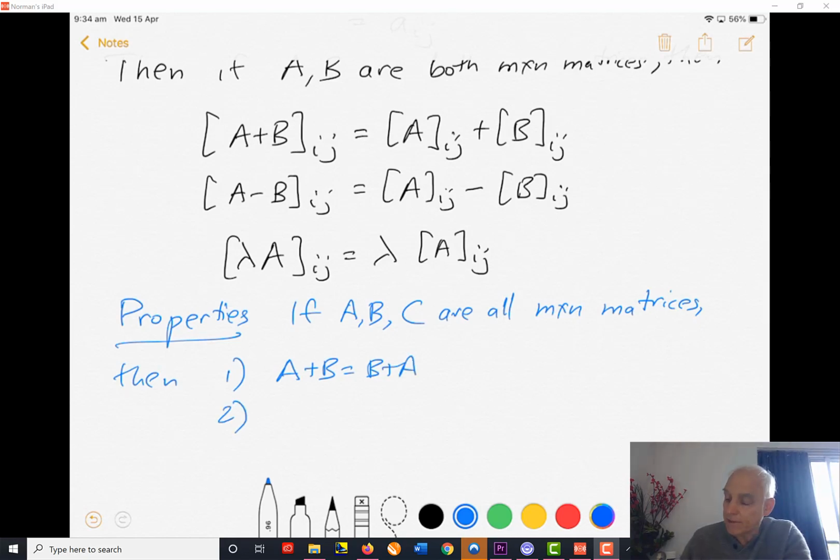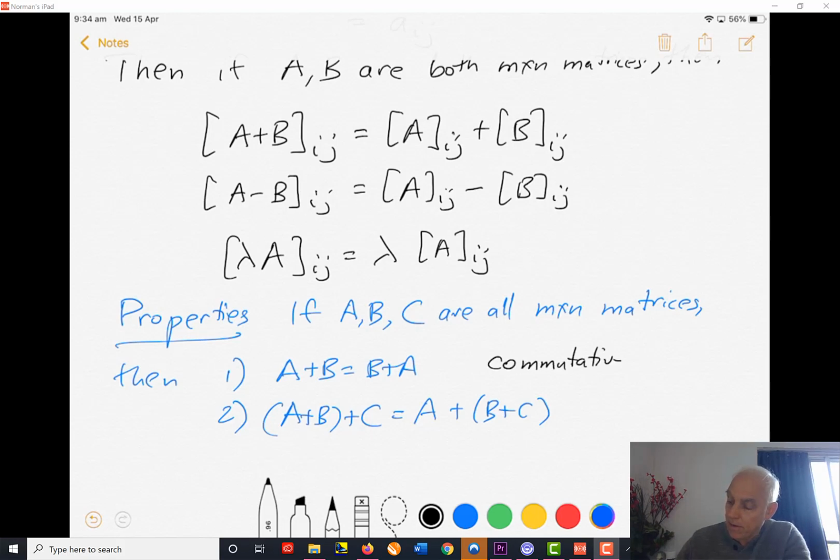We have that (A plus B) plus C is the same as A plus (B plus C). That's the associative law. So the first one is the commutative law, and the second one is the associative law.